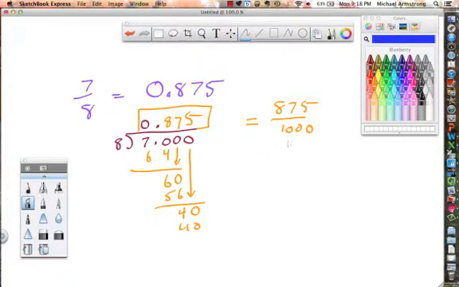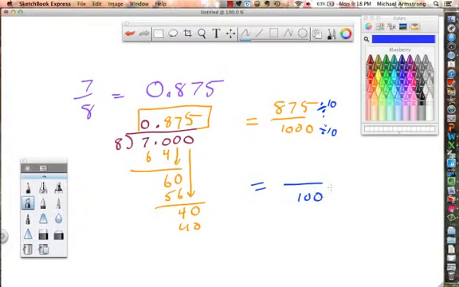If you divide by 10, 1,000 divided by 10 is 100. Okay, so we're going to divide the top and the bottom by 10. We're going to simplify it. Divide by 10 on the top, divide by 10 on the bottom. What do we get? Well, I'm going to skip the top one first. We know what 1,000 divided by 10 is.